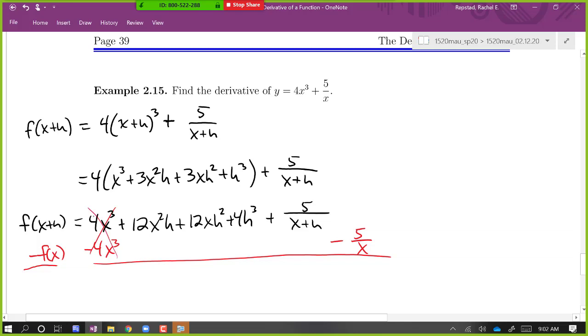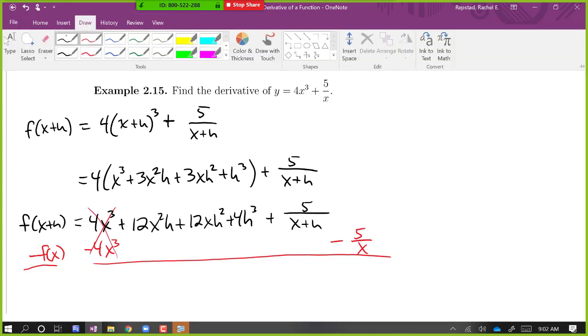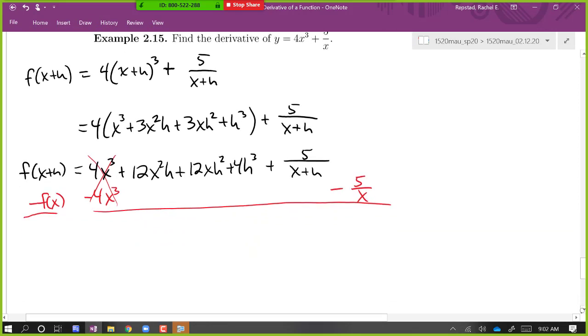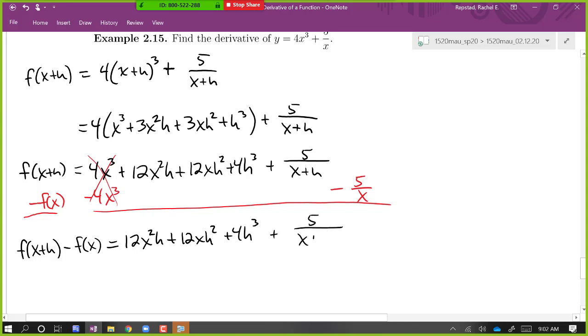That's the only thing that will cancel right now. We have these fractions on the end.